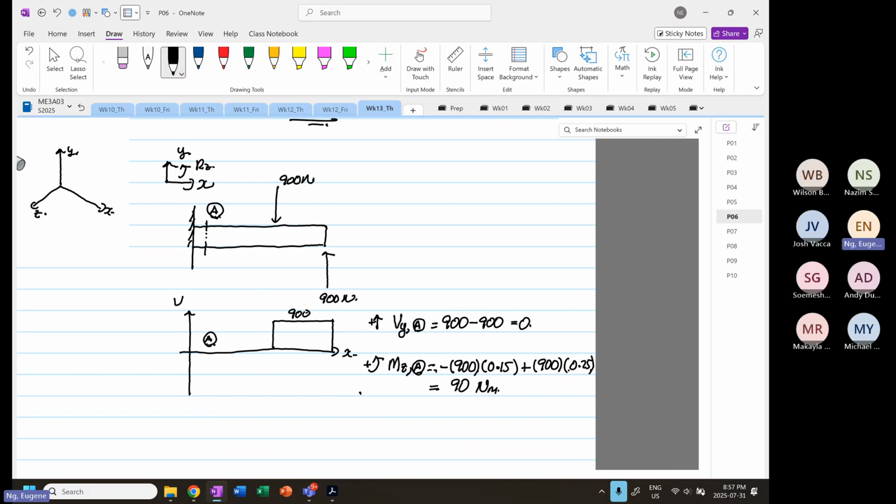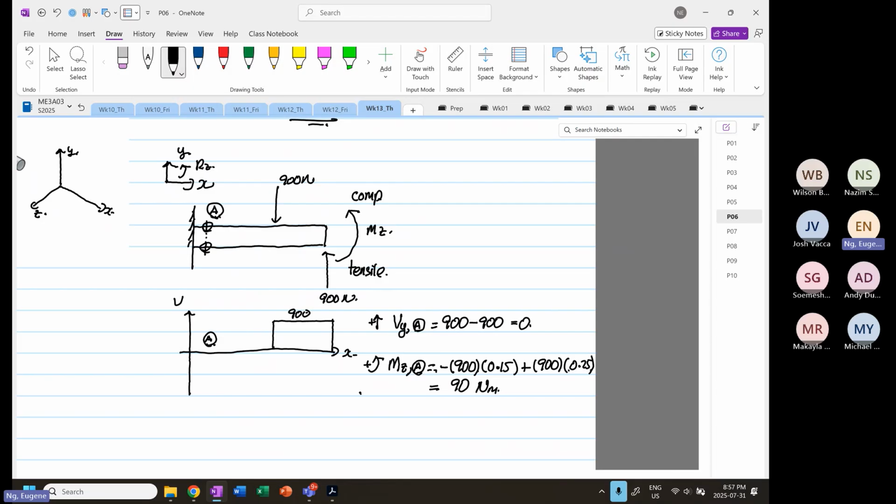And you realize that this direction is correct because we assumed that over here, this is positive. So this is your moment about Z. This is where you have your compression, and this is where you have your tensile. But it's a rod, it's a shaft. So at point A, you will see maximum compression at the top, maximum tensile at the bottom.